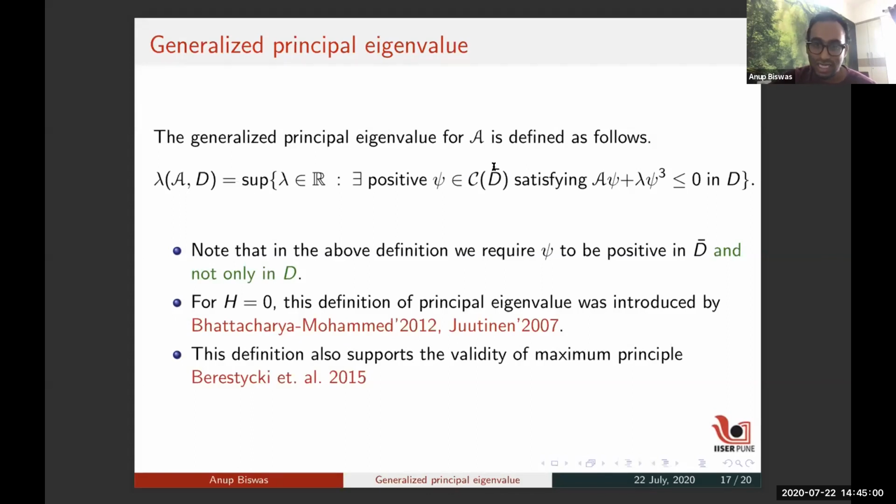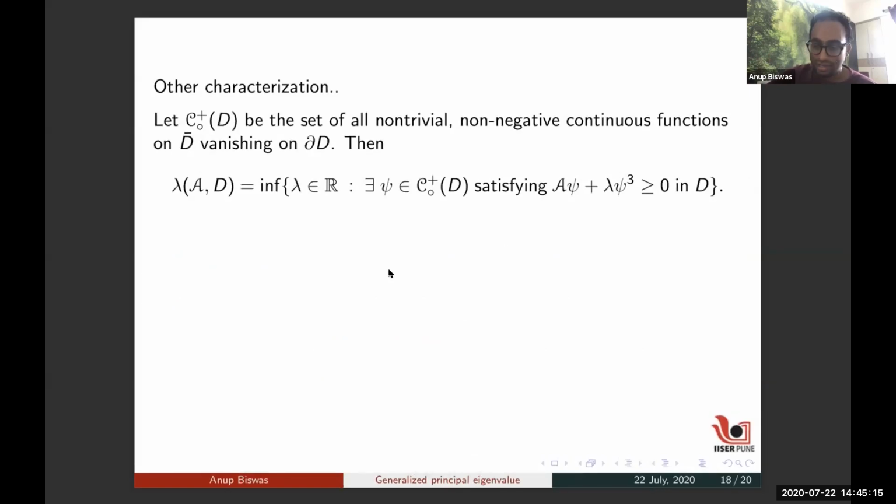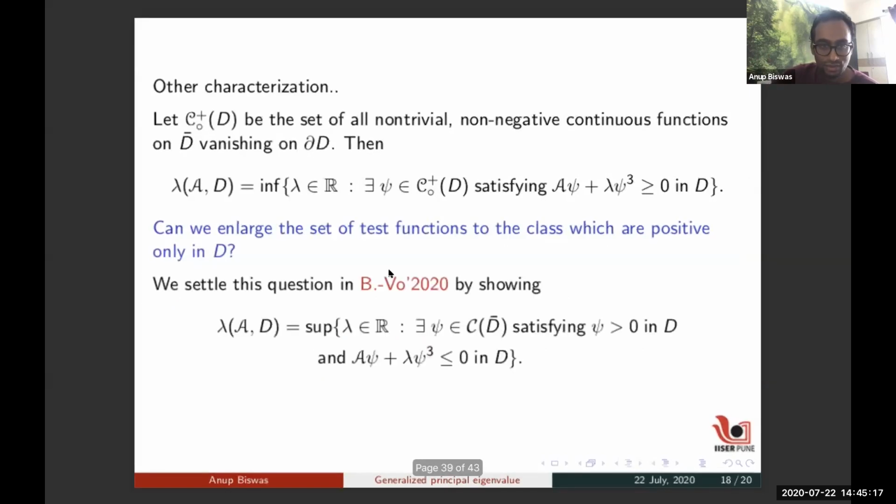Of course, the question is: if I allow it to be positive inside and vanish at the boundary, whether this value would increase or not. I get a different value because I'm increasing my class of admissible functions, and that part remained open so far. We settled this question in a joint work with Hung Vo.